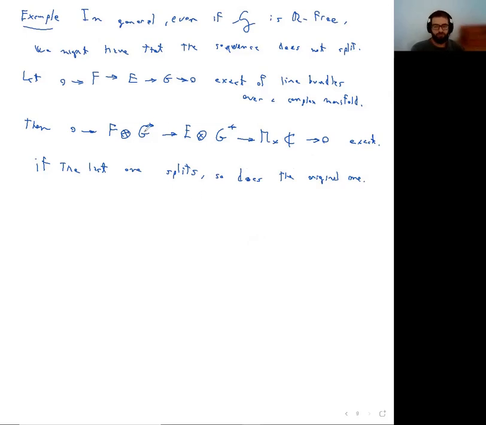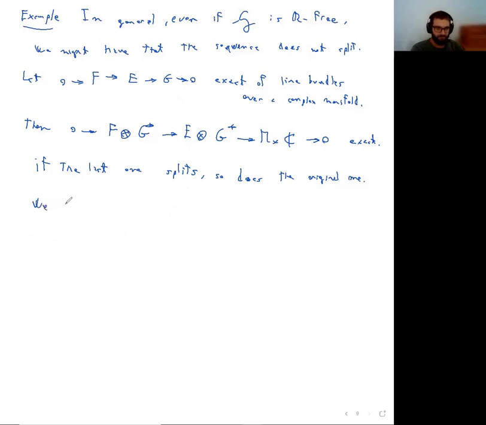Because this multiplication is all factorial. So if this one splits, then also this one splits. And basically what we're saying is that every short exact sequence of line bundles splits. We don't know that that's not true, but we will see it.